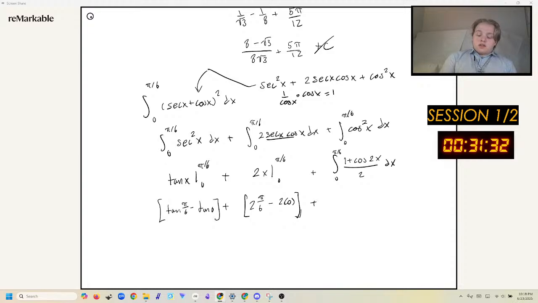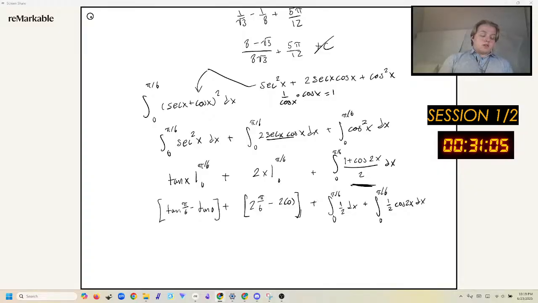And then this integral right here, this last one, we're going to split it up. We're going to get the integral from 0 to pi over 6 of 1/2 dx plus the integral from 0 to pi over 6 of 1/2 cosine 2x dx.